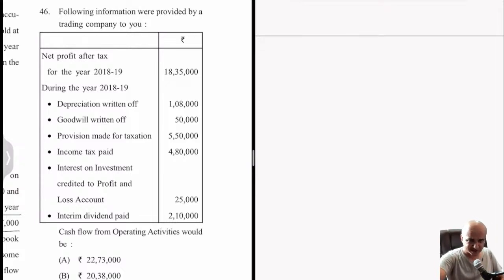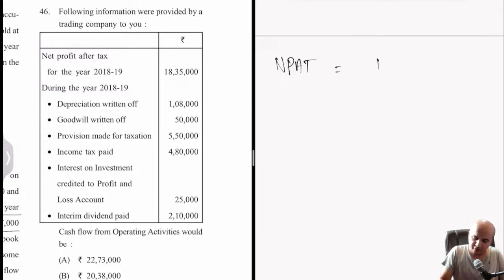So now there are various ways of dealing with this. Let's try to understand how to do this. We have to identify cash flow from operating activities. We can start with net profit after tax, which is 18,35,000, and make adjustments for the non-cash expenses.